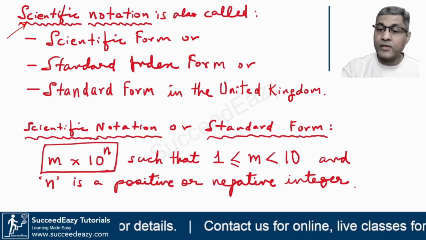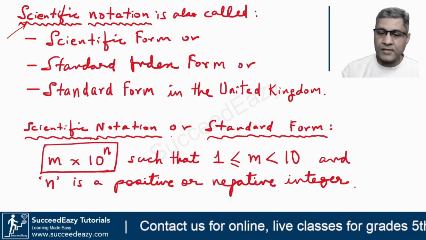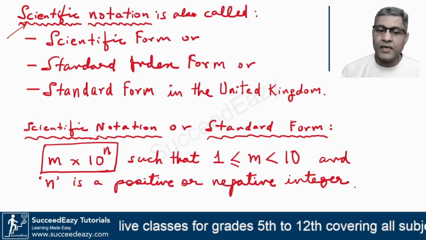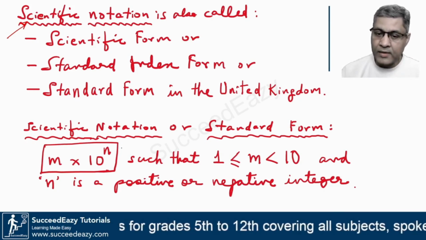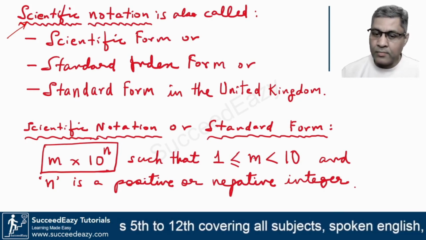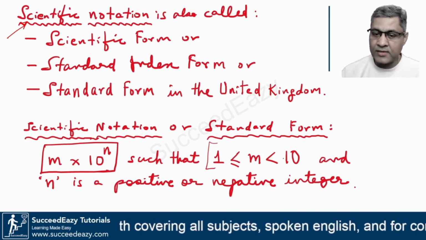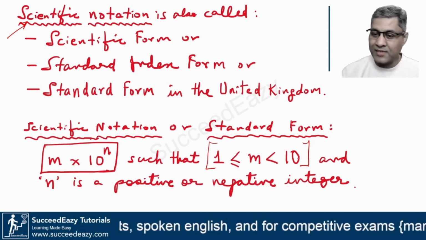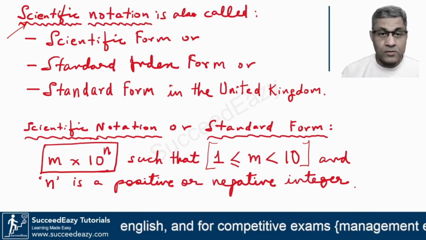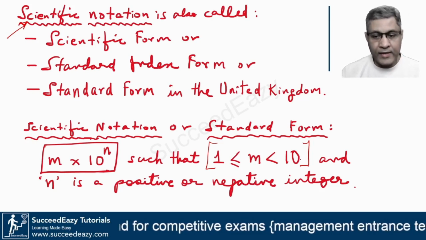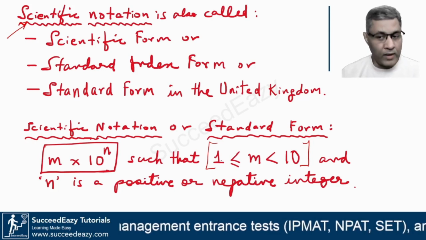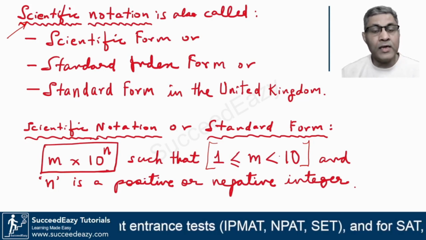Scientific notation, or standard form, is expressed as a number m times 10 to the power of another number n, such that the number m satisfies 1 ≤ m < 10. That means m has to be between 1 and 10. m could be equal to or greater than 1, but m has to be less than 10.